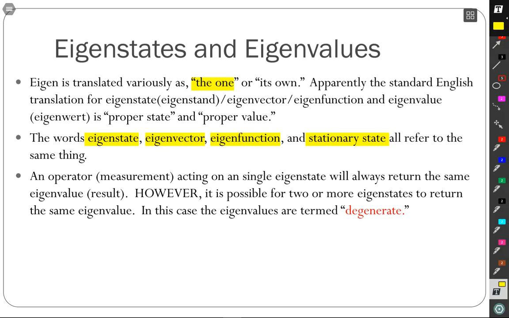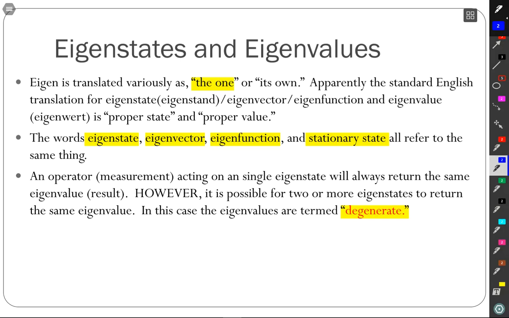Now, there is another word here that's super important: degenerate. If I were to say that so-and-so is a degenerate, that wouldn't be a good statement, right? But it's not a bad thing when we talk about an eigenstate, or an eigenvalue, being degenerate. What that means is it's possible that you have multiple states that give you the same eigenvalue. So for instance, let's take something you know well, a hydrogen atom.